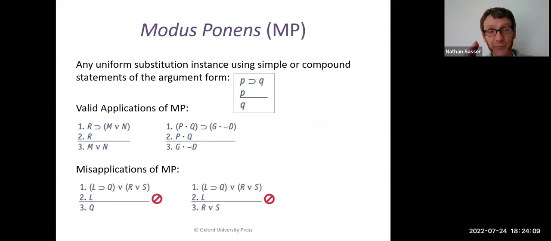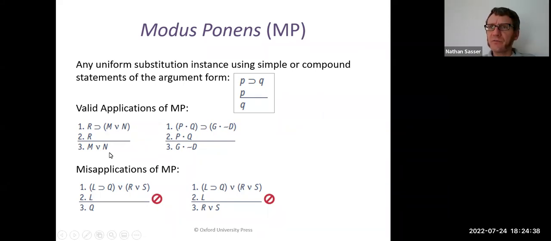Well, you can apply the rule modus ponens and conclude, you can infer that if these 2 premises are true, then M or N must be true. You know why? Because M or N is the consequent of that conditional premise. It's the Q, and it's standing in the place of Q, and so therefore you can conclude that it's true.